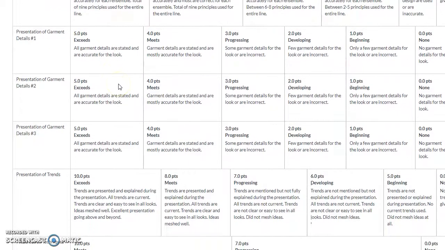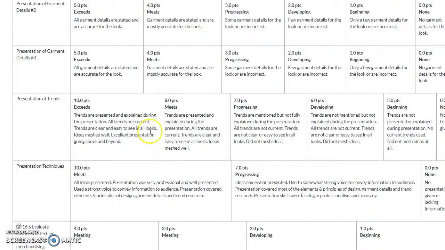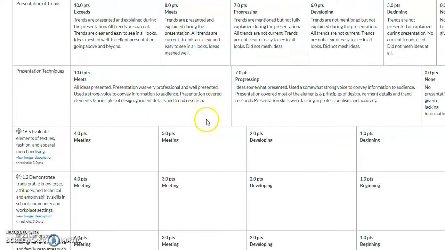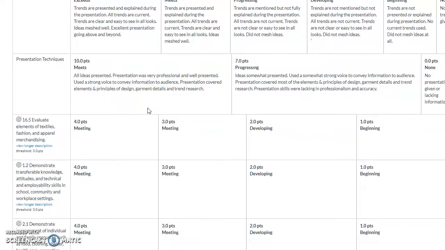So that's for looks 1, 2, and 3. And then you're going to tell us what trends you used and how you used them. And then your presentation is the last big points, and that's how you decide to tell me that you know what you know.